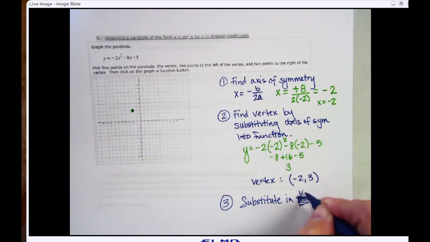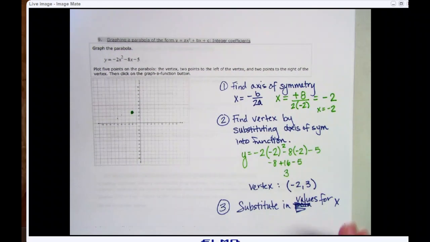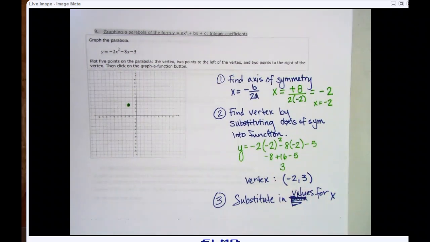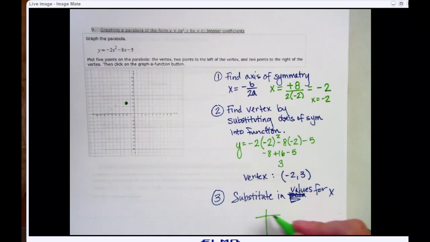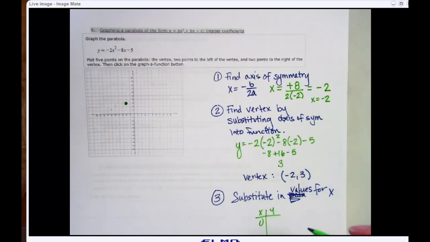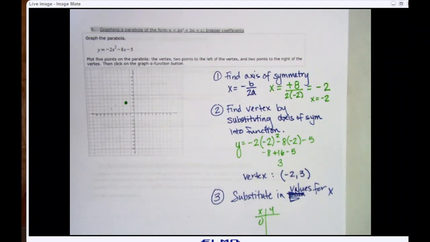Now substitute in values for x. And remember, we can always reflect it on the other side because a parabola is symmetric. What's one of the easiest numbers we can plug in? Yeah. Let's plug in 0. If we plug in 0, y is negative 5?